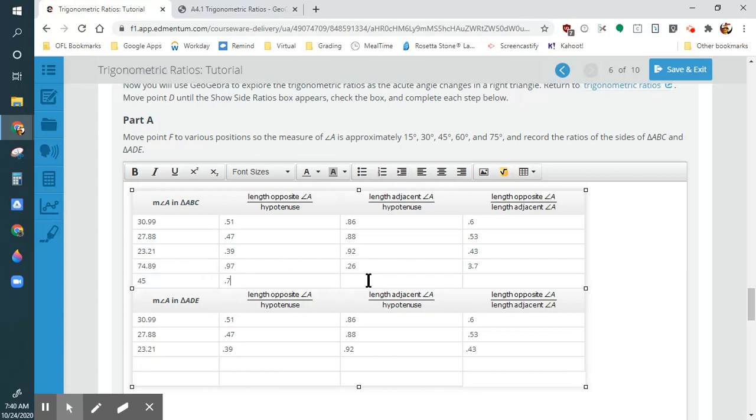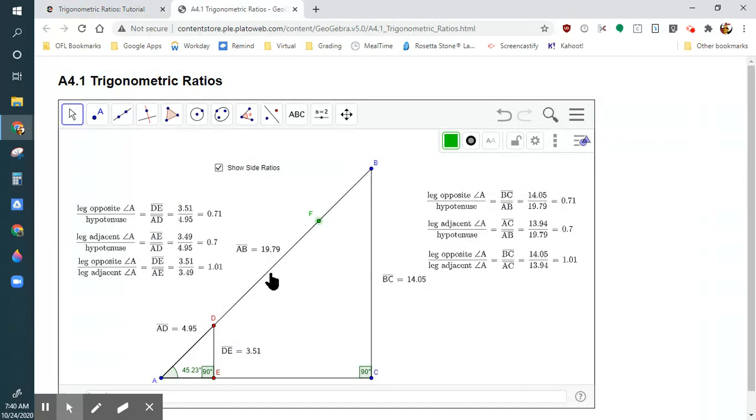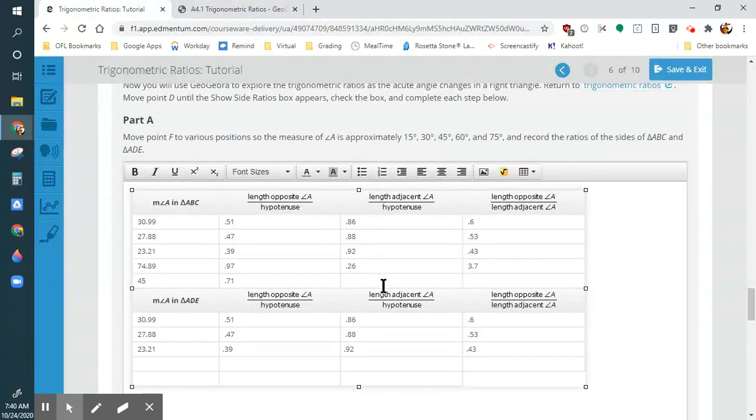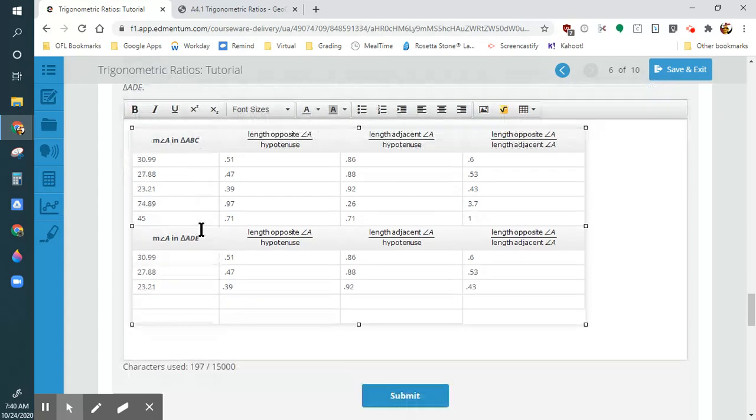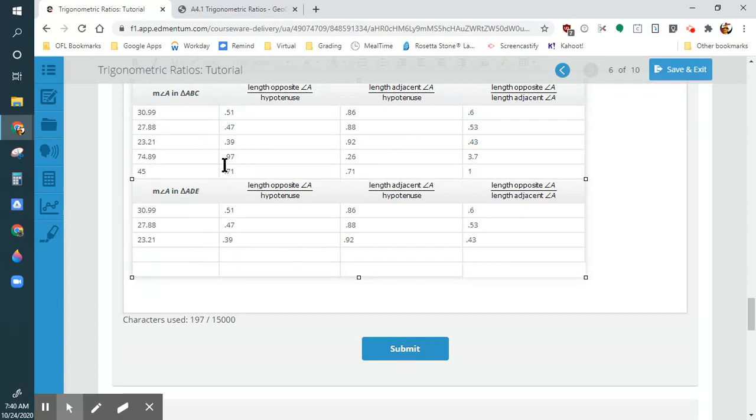I think it's technically supposed to be 0.72. I'll do 0.71 because GeoGebra is basically doing 0.71 here. And the last one should be 1. Because they're even on both sides, it's supposed to be even. So after we get to 45 degrees, we go from getting a fraction for our tangent to getting a whole number.